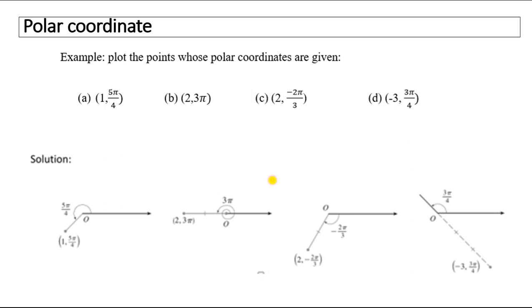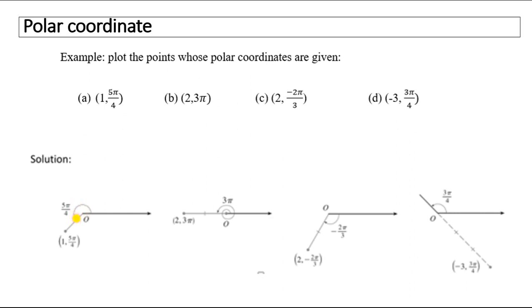Example: plot the points. A: (1, 5 pi over 4). Solution. I start from the polar axis, theta equals 0. Then I draw theta.